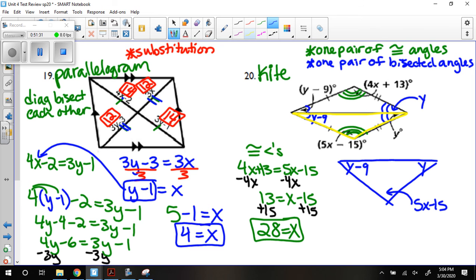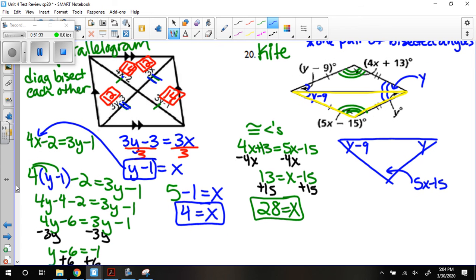Now the good thing is I already know what x is. So if I do 5 times 28 minus 15, that comes out to 125. So there are 125 degrees in this corner.